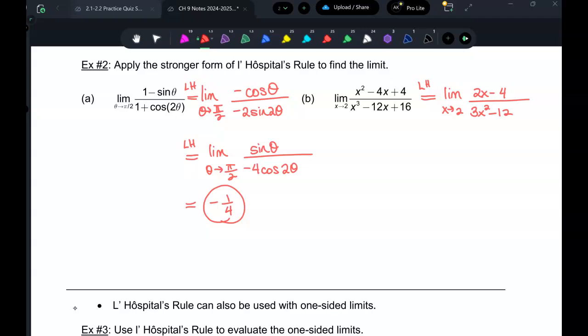If we plug in 2, we still get 0 over 0, so we do L'Hopital one more time, and we get 2 over 6x, which is 1/6.